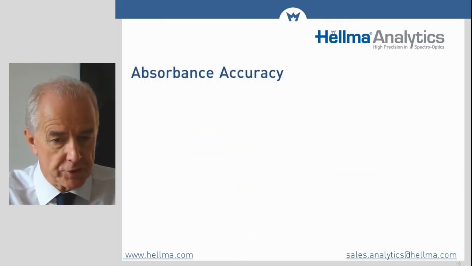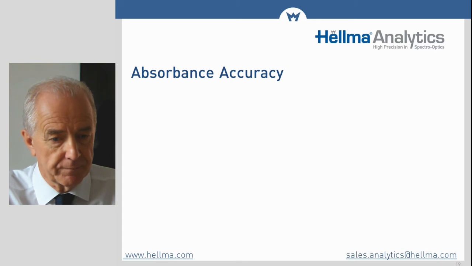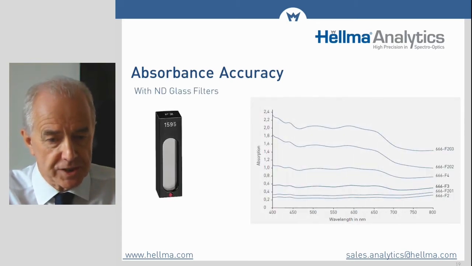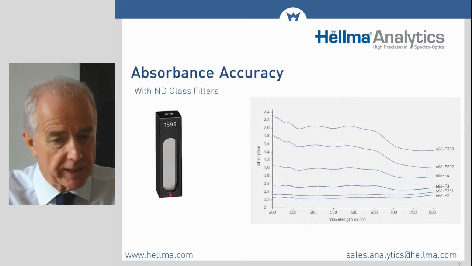Validating the absorbance accuracy of your spectrometer can be carried out with a number of different certified reference materials. The following are all recognised as suitable within the European Pharmacopoeia. Neutral density, also called ND or grey glass filters, have a relatively flat absorbance over a wavelength range in the visible region from 400 to 800 nanometers, and are available in values from 0.04 to 3 absorbance.